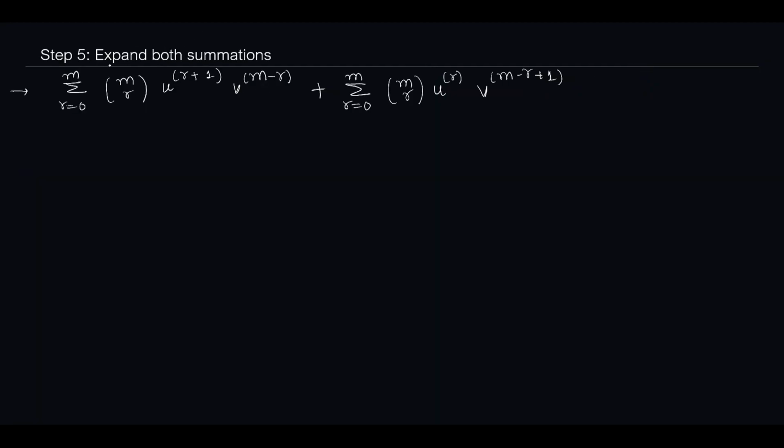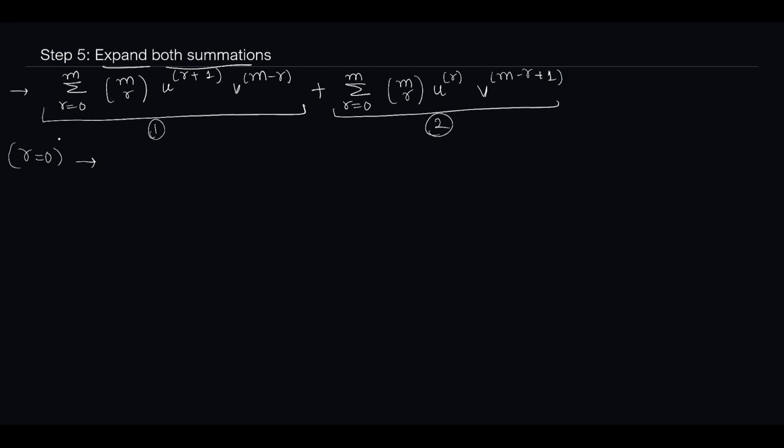Step number 5 says expand both summations. As we got this from step number 4, we have to separate the summations first. This is the first summation and this is the second part. Now we take r from 0 to m, so take all the possible values of r here. Initially, take r equals 0 and substitute in the first part. So we get u prime v^(m).